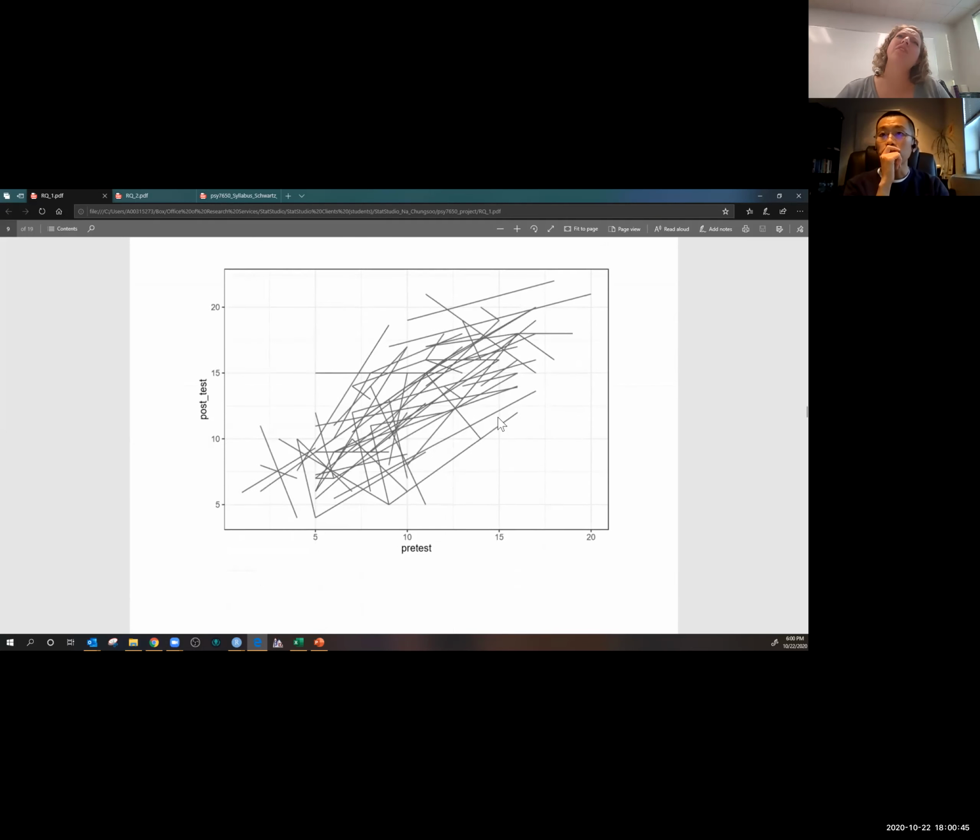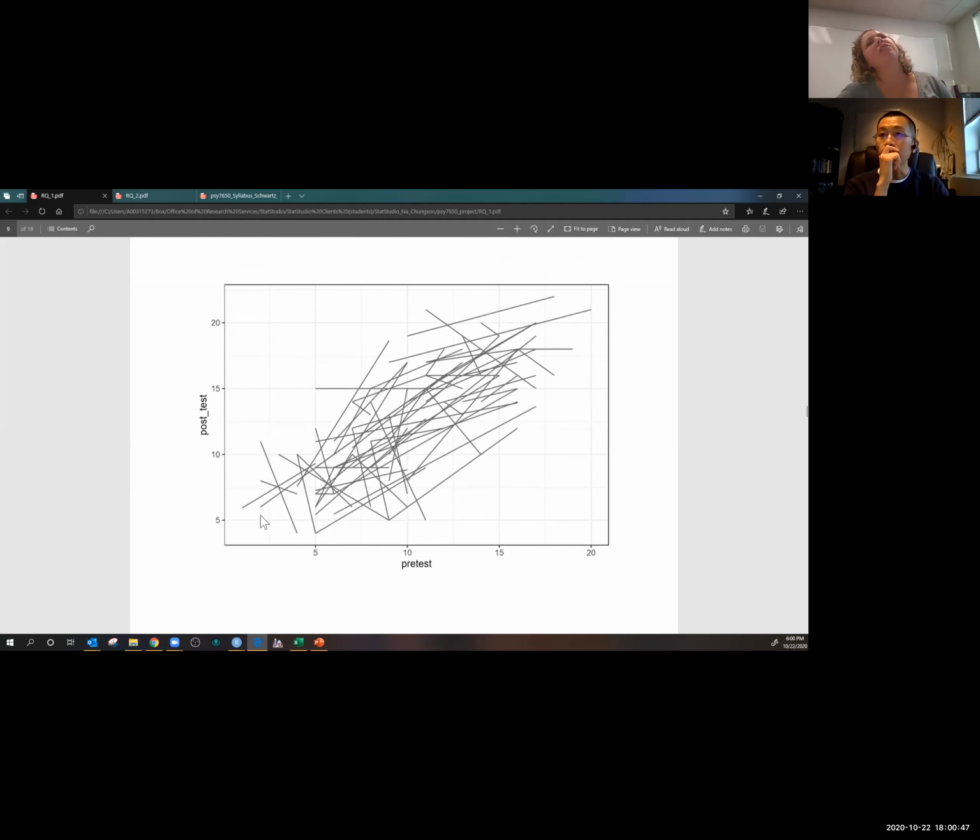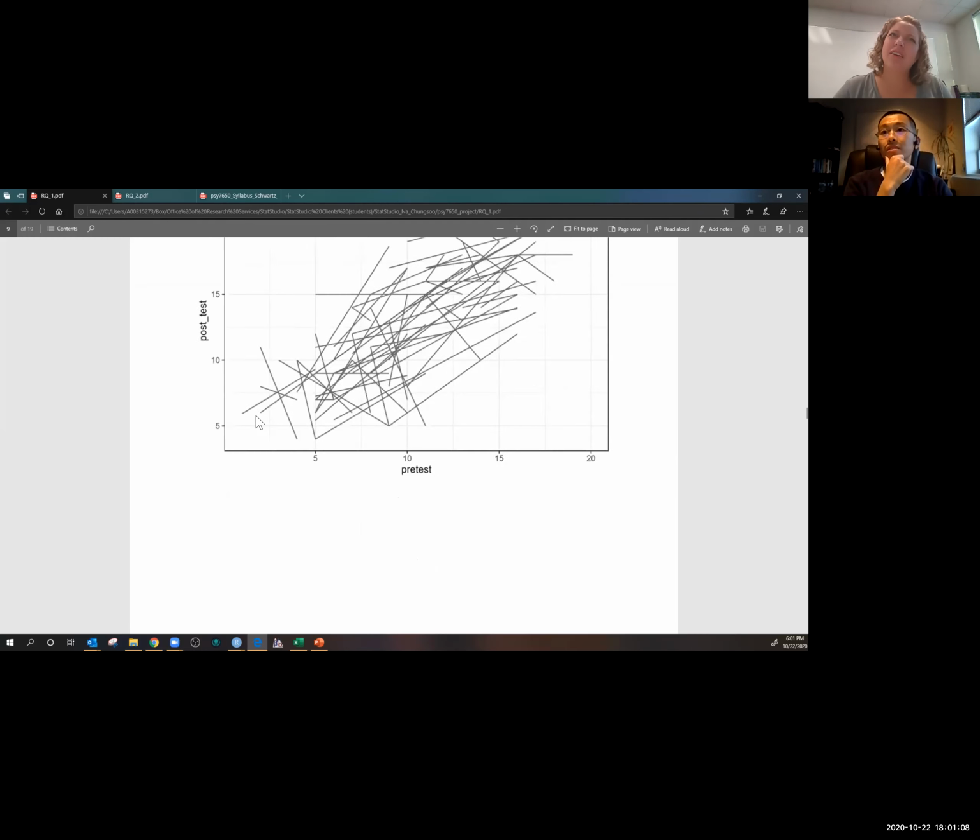Yeah, but I kept looking at this one, it's connecting. So this is the first person's pre and post test, and this is their partner's pre and post test. Yes. I just didn't know how useful this plot was. If it's this way versus this way, that doesn't really give me any different information. The length of the line is how far apart those two are, but I didn't know how helpful that was.